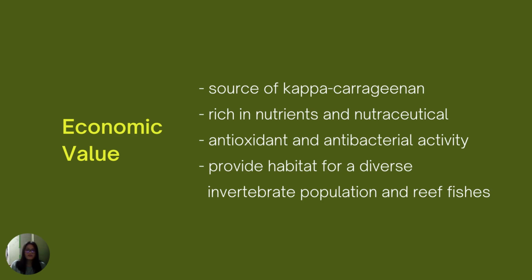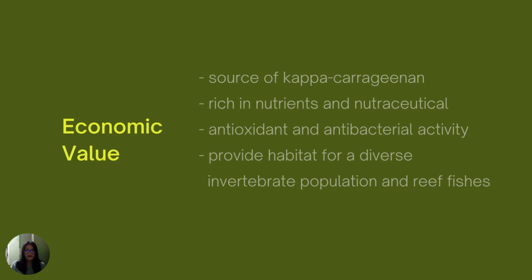It also has antiviral efficacy against envelope viruses such as HIV, HSV, and HCMV. Kappaphycus alvarezii is also reported as having anti-tumor properties. In fact, in the study of Chang and colleagues, they found out that Kappaphycus alvarezii extract might be able to slow down tumor growth. And lastly, Kappaphycus alvarezii provides habitat for a diverse invertebrate population and reef fishes.